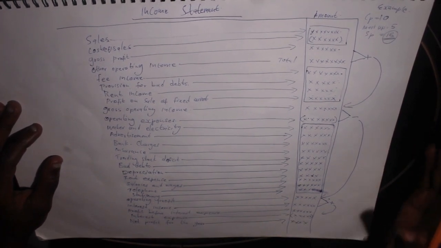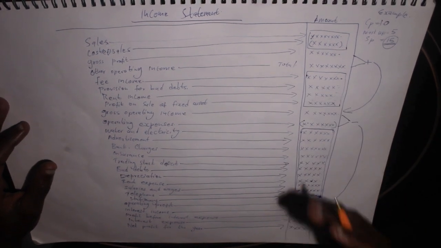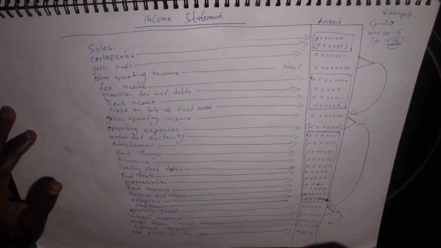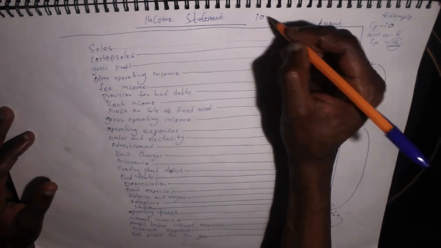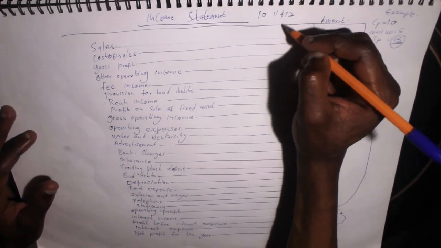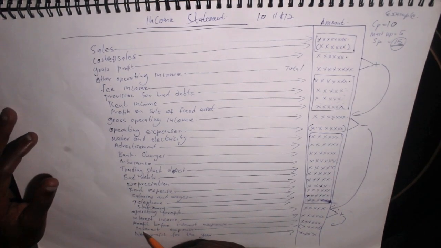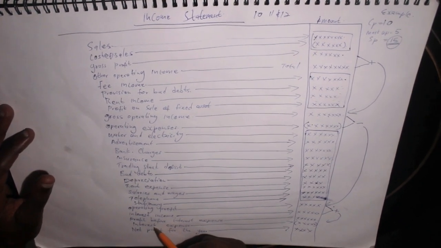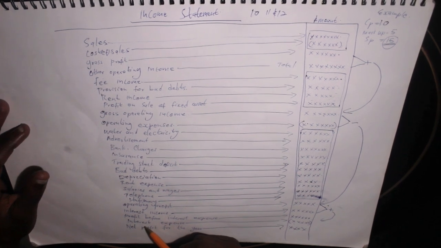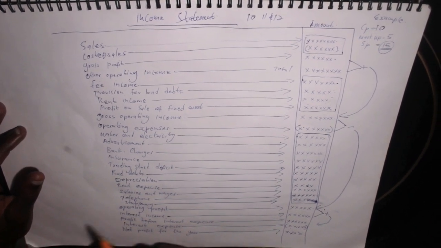Now, just to break it down to you, for grade 12, this income statement is just an introduction to the income statement. This covers grade 10, 11, and for grade 12, we also have what we call tax. Our income tax must be shown there and taken into account as well.